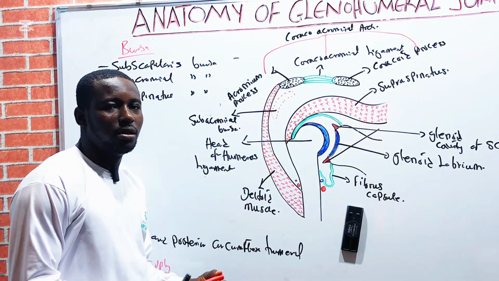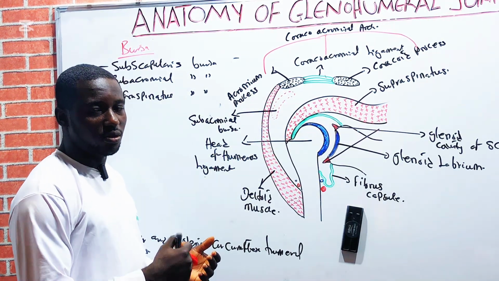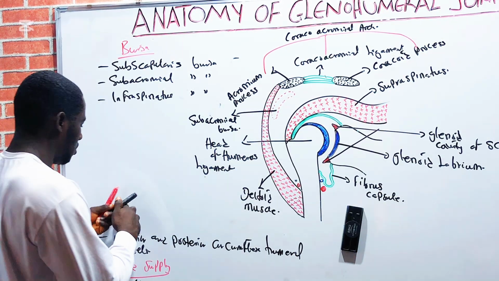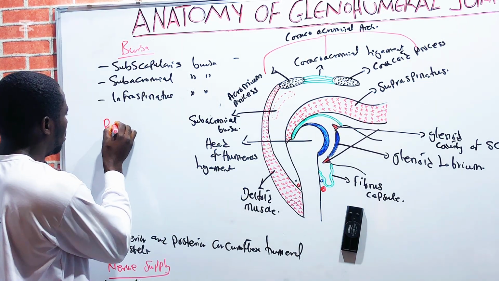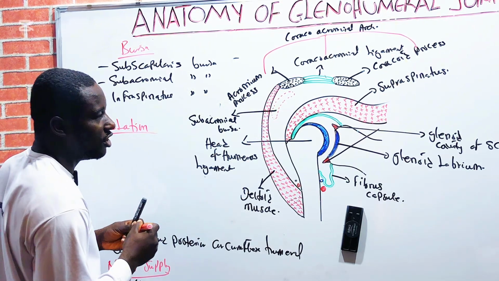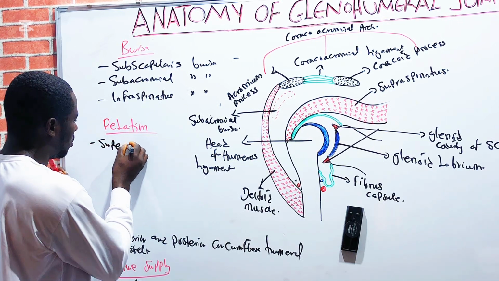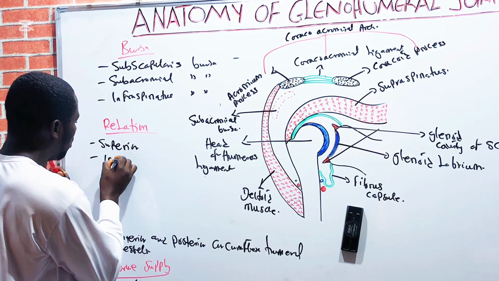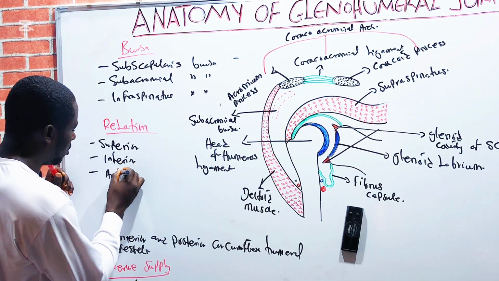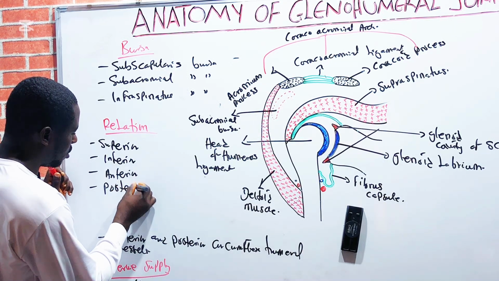The next we're going to be discussing is the relation of the shoulder joint. The shoulder joint has four relations: the superior relation, the inferior relation, the anterior relation, and posterior relation.